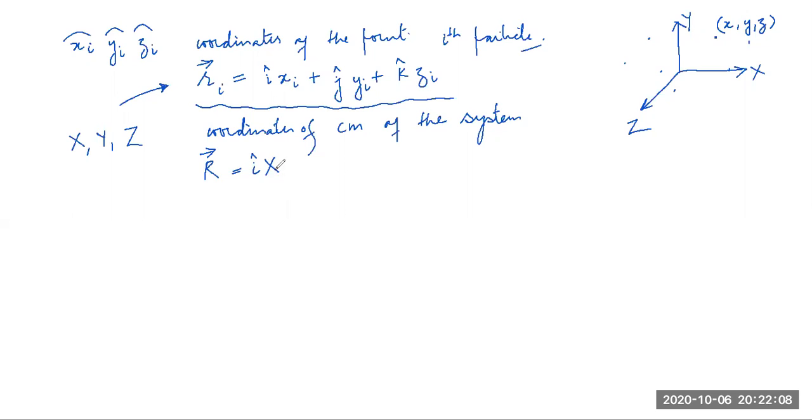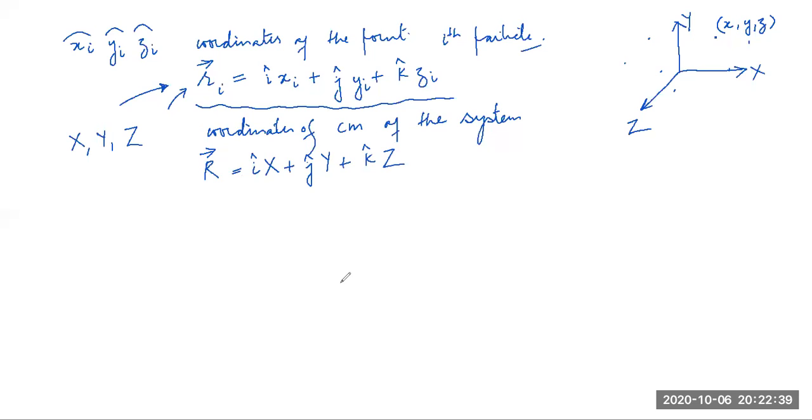I will not write xi because x is fixed; it's a single point. xi represents so many points, so I will not write xi here. So plus j cap y plus k cap z. These are the coordinates of the center of mass of the system.